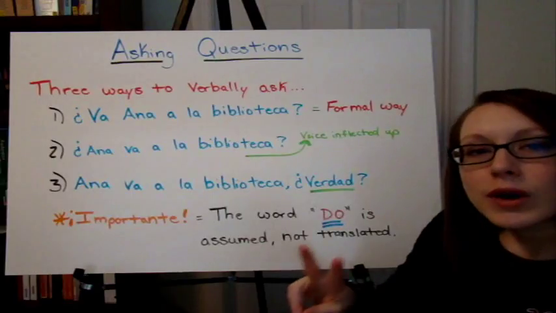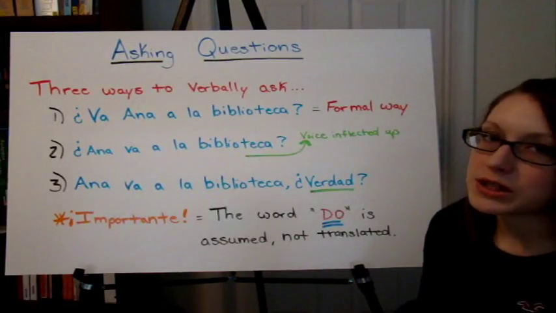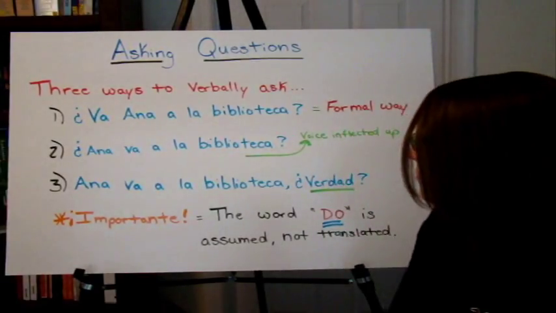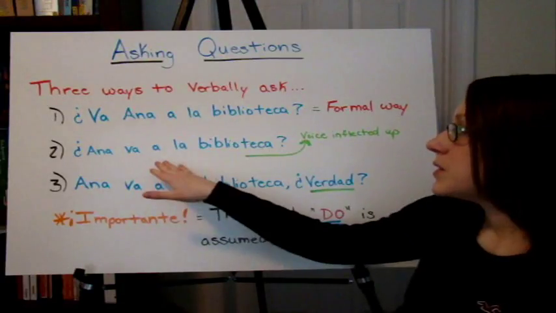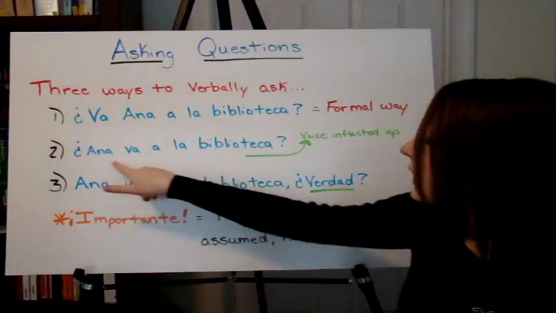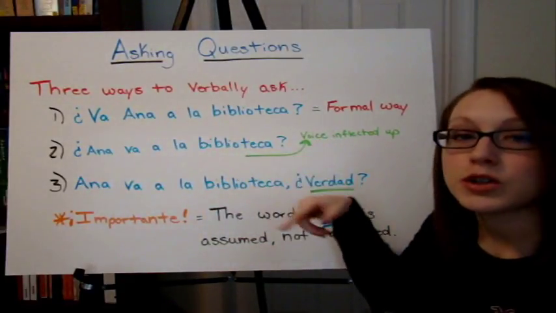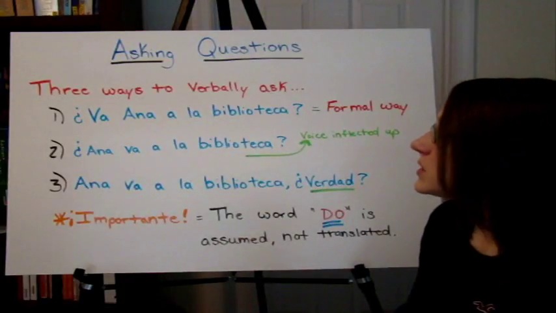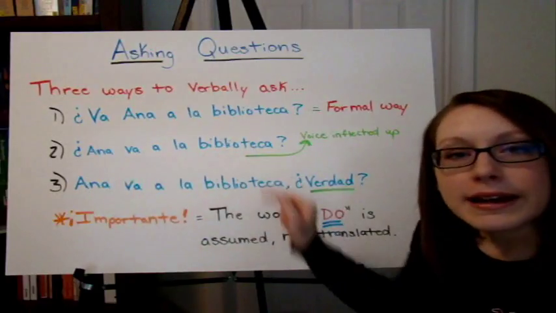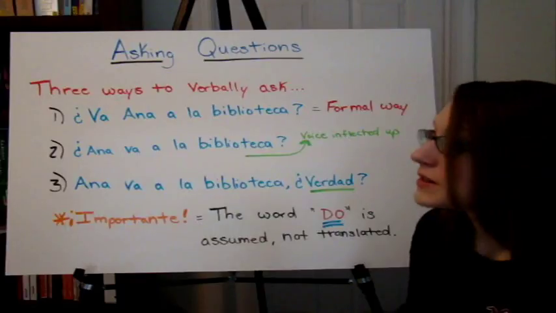There are 2 other ways, however, that you can ask questions in Spanish, and this would really only be when it's verbal or when you're being informal with somebody. You can simply state a declarative statement, Ana va a la biblioteca, and your voice will be inflected up, and you put question marks, of course, on either side of the sentence. So then it would sound like, Ana va a la biblioteca, and that would be understood that you're asking a question, but again, that is informal.